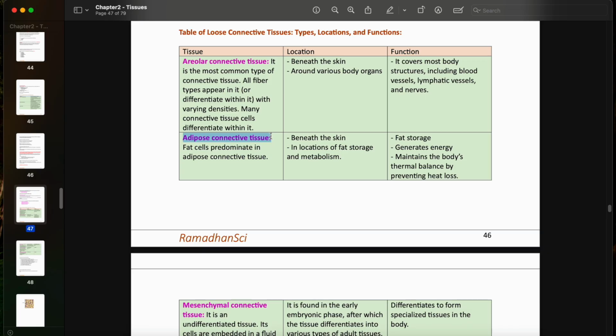But if you get lucky and get a question telling you to give one example, for example, give one example for each of the following, a tissue type found beneath the skin, either answer is going to be considered correct. Now, the function of the adipose connective tissue, as I already said, fat storage, generates energy and maintains the body's thermal balance by preventing heat loss.